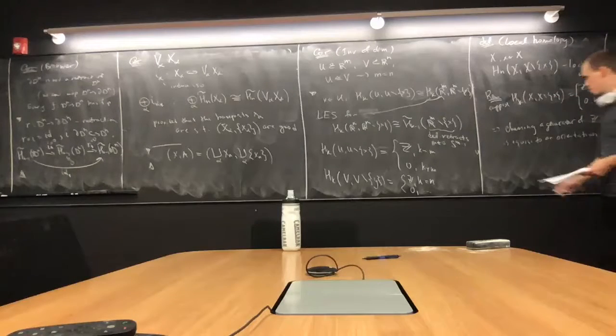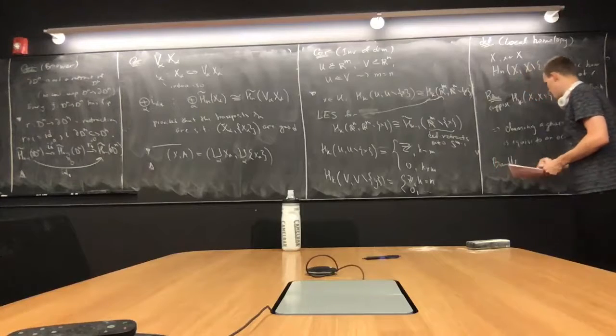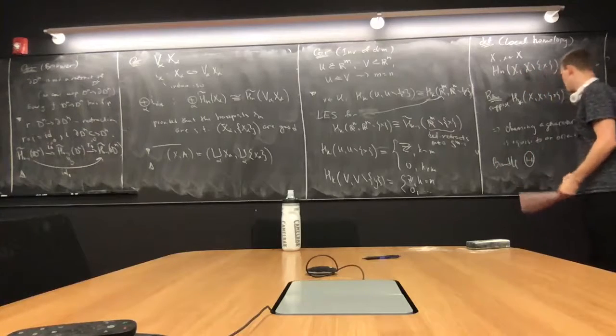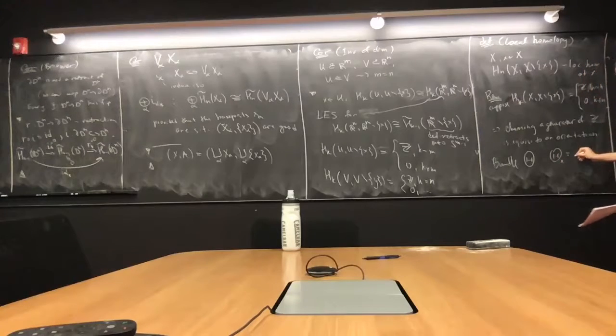You can also define a bundle, where the fiber over x is this group, right? And then you look at sections of that thing to get your global orientation. If this bundle turns out to be trivial, then that's the same as X being orientable.